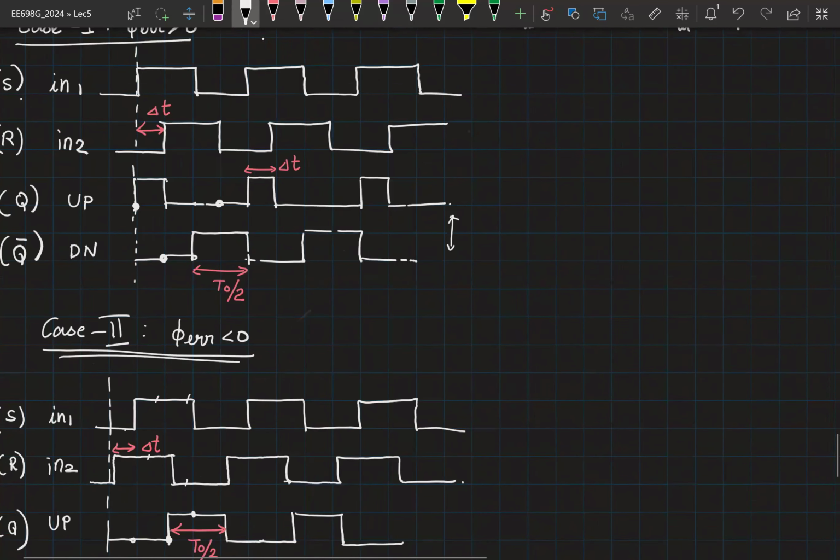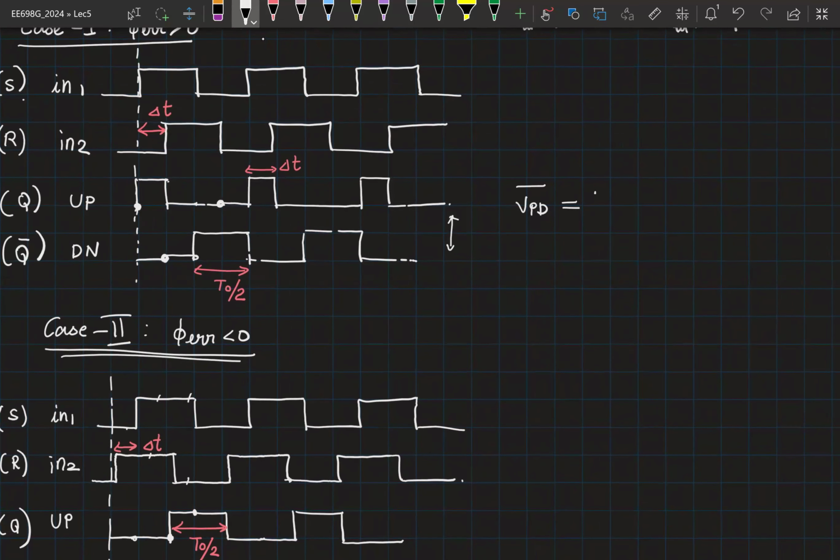So I'm interested in VPD average. This is up minus down average. What is the average of up? That is delta T into VDD divided by T naught. Minus what is the average of down?